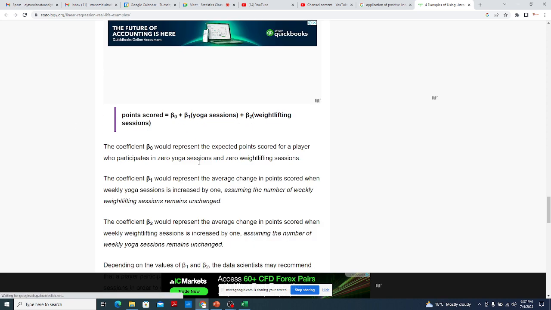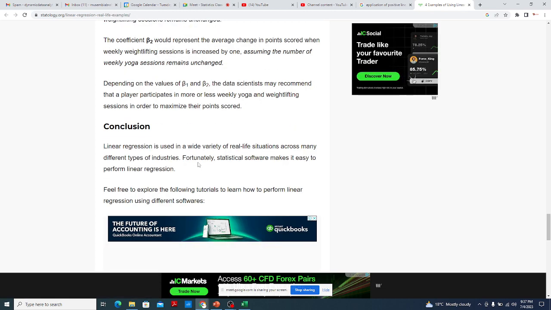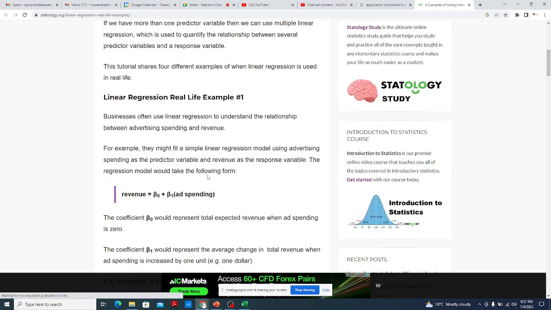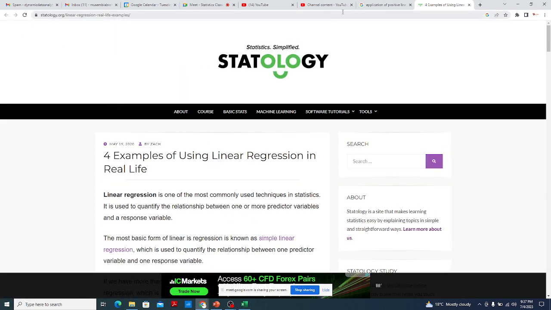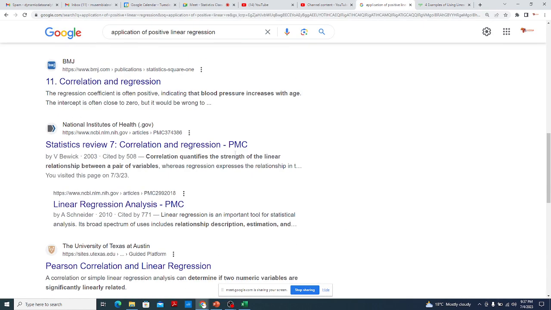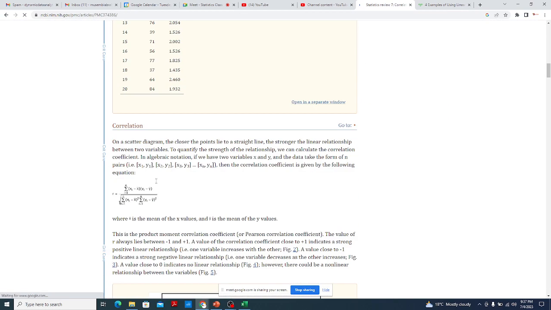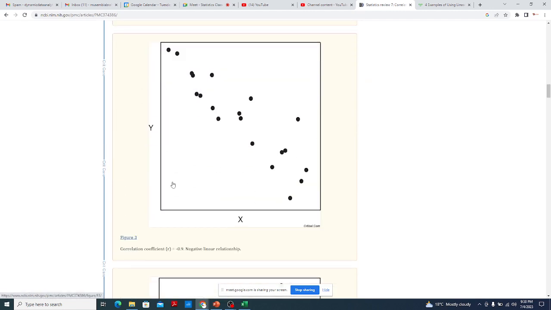You can do such research as well. These are just examples, and you can find more applications online. You can research more depending on your industry. You can search how you can apply linear regression in sports, or in agriculture, or in agricultural data.